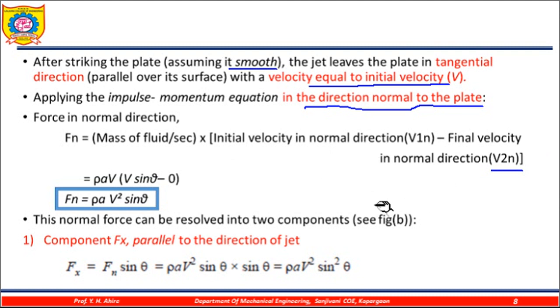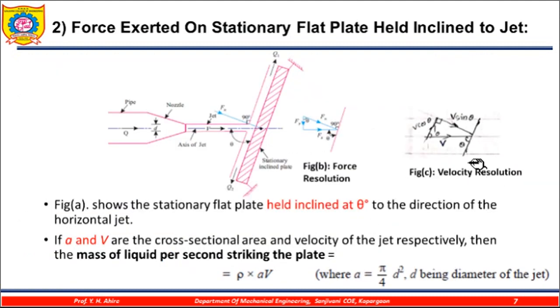Final momentum is nothing but mass of fluid per second into the final velocity in the given normal direction. The entire equation is written for the normal direction to the plate. Okay. Now what is the initial velocity in the normal direction, V1n? For that we will see the diagram. So here this is figure C.